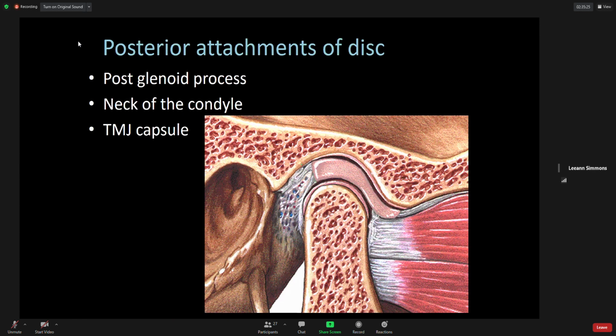Here's the posterior. There's also posterior attachments of the disc to the capsule as well. I'm sorry, I didn't cover that. I don't have a picture to show that, but if we have the temporomandibular joint capsule here, around this joint, you have these posterior attachments to that capsule itself. So the capsule is helping sustain and retain this disc in place as well.